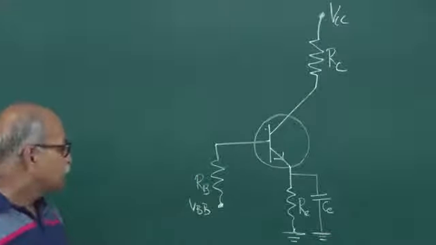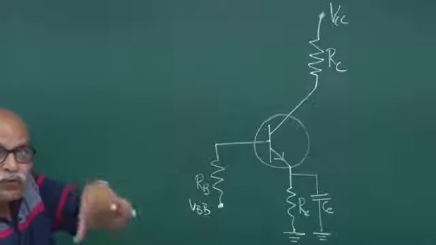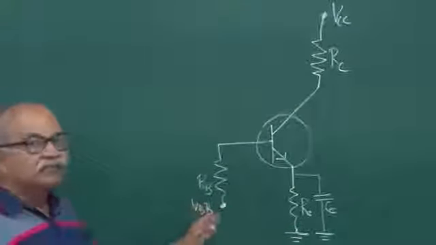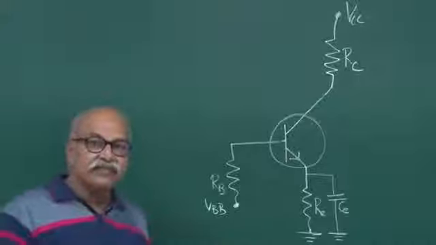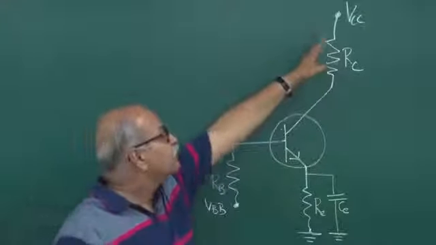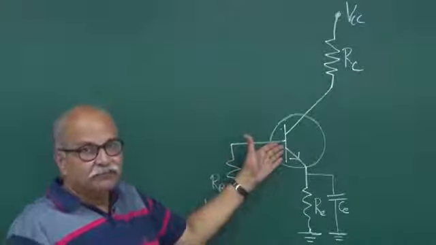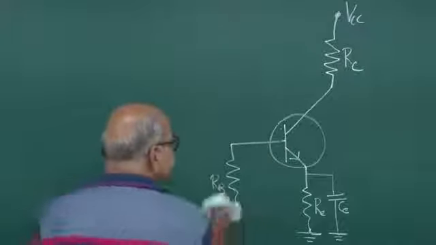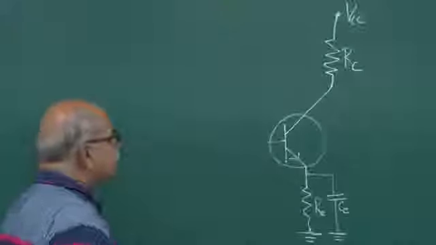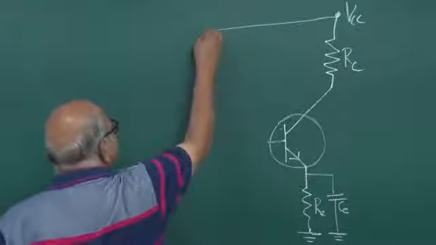Another thing is, instead of using two biasing batteries, one for the collector side and one for the base side, generally only one battery is used, that is this VCC, and from here only a part of it is taken to the base. So in that configuration, from here you make some kind of a potential divider.